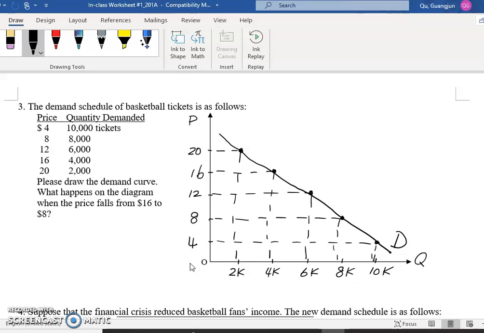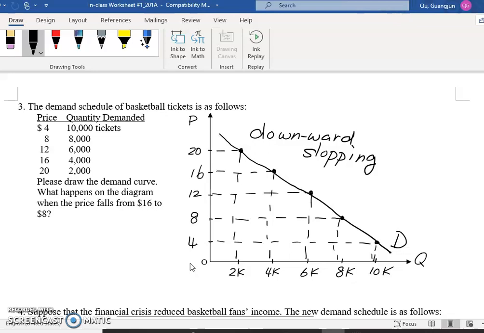Here, obviously, we find a downward sloping demand curve. This is the most important graphical feature of a demand curve.